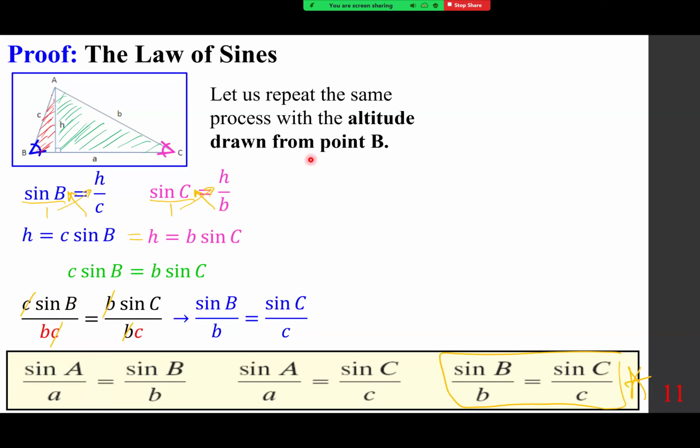Let's repeat the same process with the altitude drawn from a different point, for example, point B. So that means you drop a perpendicular from here.